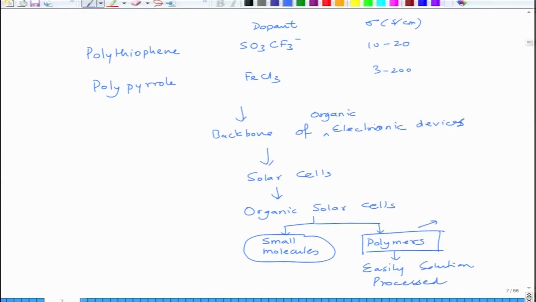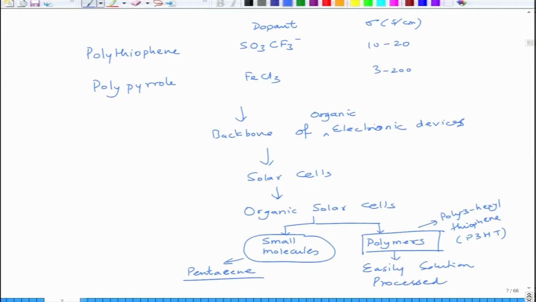So a material like polythiophene, called poly 3 hexyl thiophene, which is called P3HT, is a polymer. But a material like pentacene is not a polymer, it is a small molecule, and it can be evaporated easily.